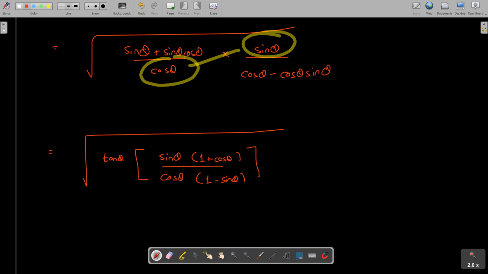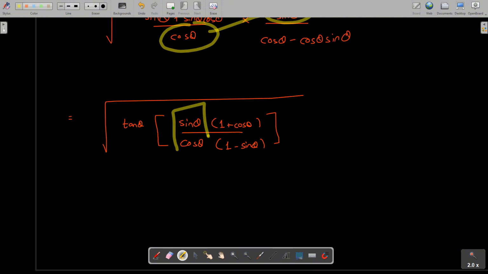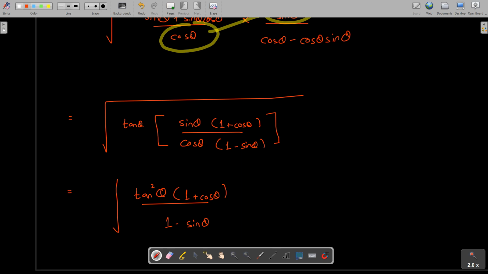All right, so we are essentially getting another sine theta over cos theta, which means this is a tan theta once again, so it will become tan squared theta, 1 plus cos theta divided by 1 minus sine theta, all under the square root.